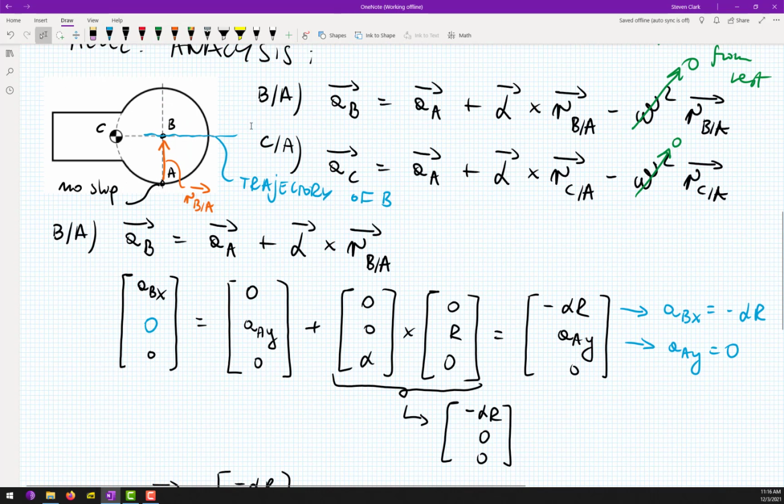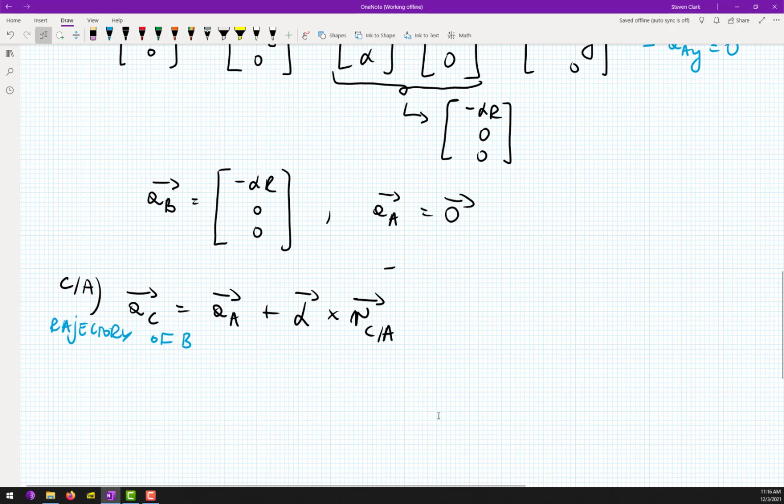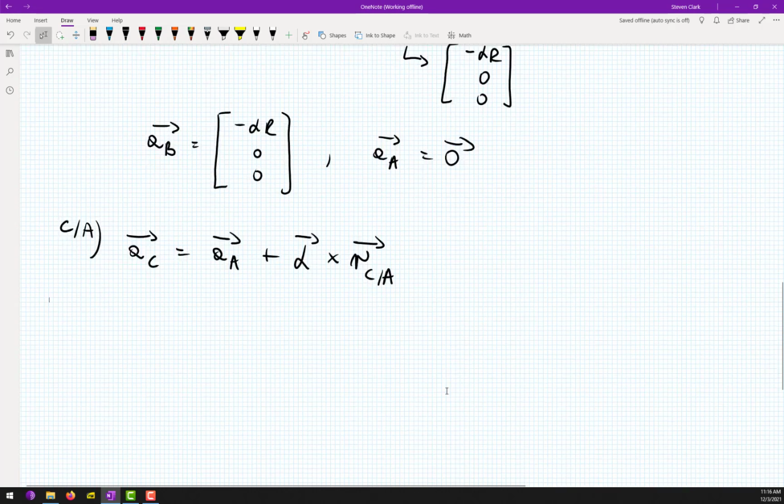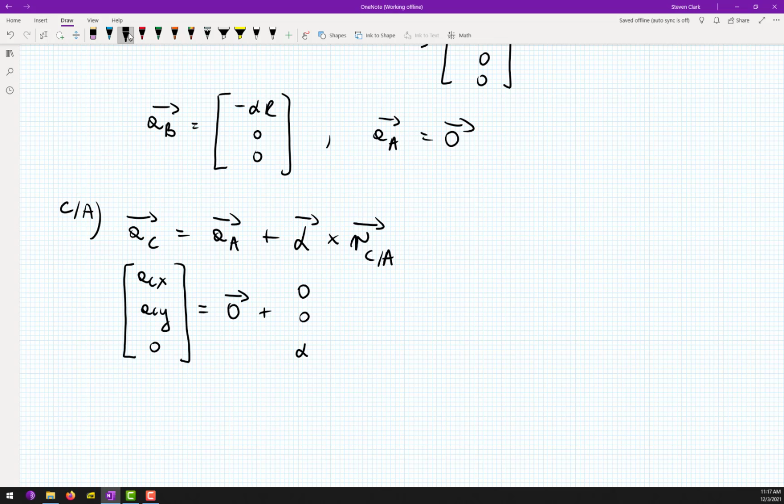So let's do another acceleration analysis, this time between C and A. And let's use our findings from the previous acceleration analysis. Okay, so I am pretty sure that these two guys will be non-zero. ACX, ACY, and 0 is equal to 0 vector plus 0, 0, alpha times this vector, RCA.